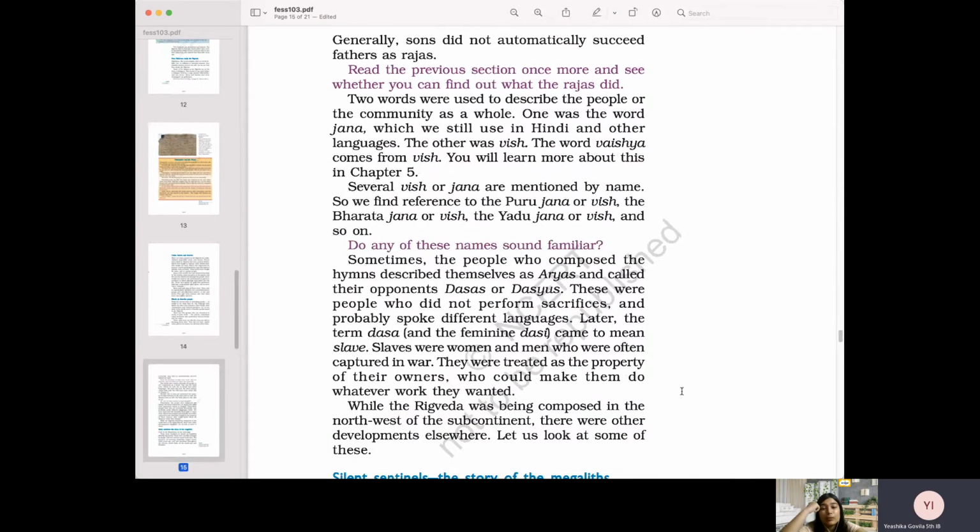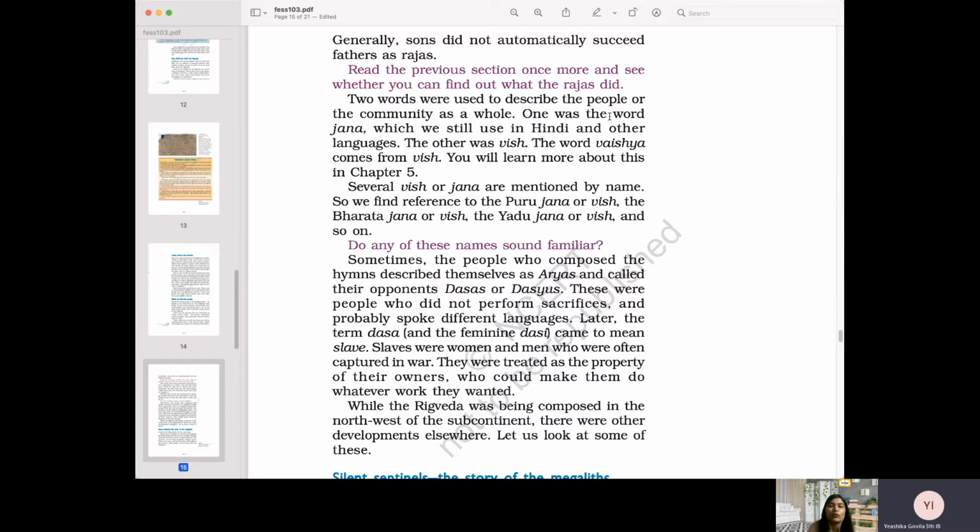Then we discussed a few words like jana. Jana is used for public. Then we also discussed the word vish. Do you remember the word vish?